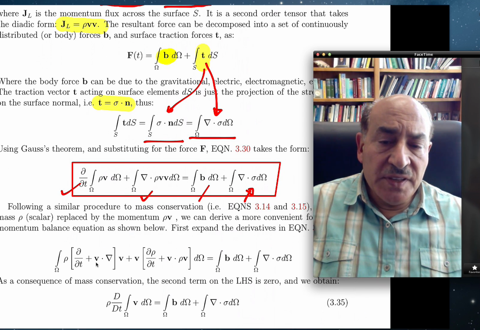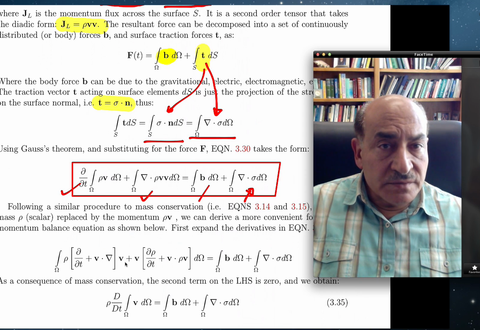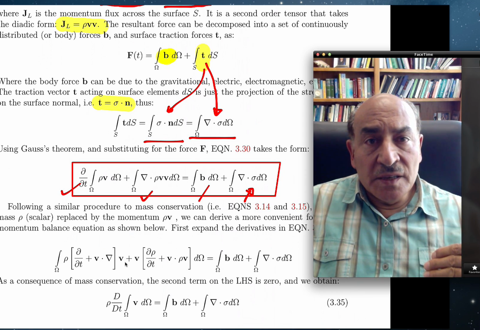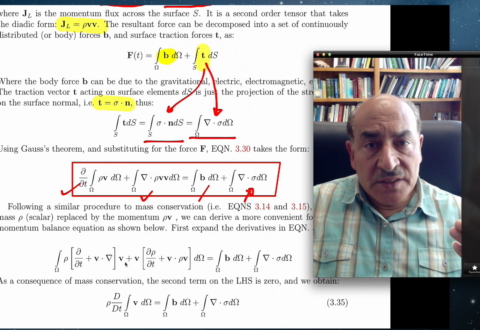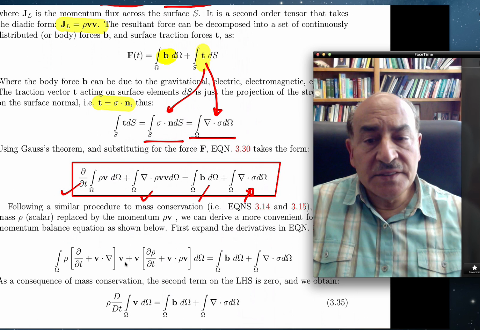So we have v dot grad v, and grad v now is a tensor because grad is a vector and v is a vector. So you take the gradient of a vector, you get a tensor.